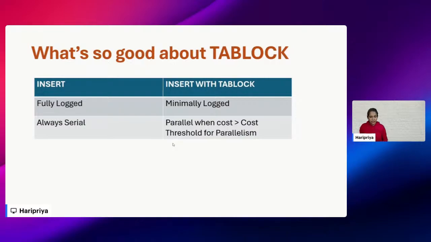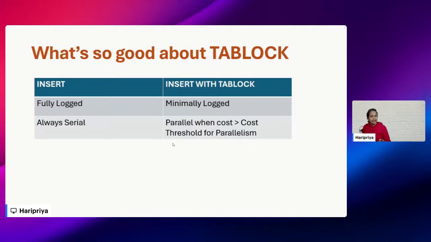The second part is the parallel operation. When you take a regular insert operation, it is always serial, no matter what. Even if that operator cost is more than the cost threshold for parallelism, that regular insert will always be serial. Serial means only one thread is inserting data into the table.